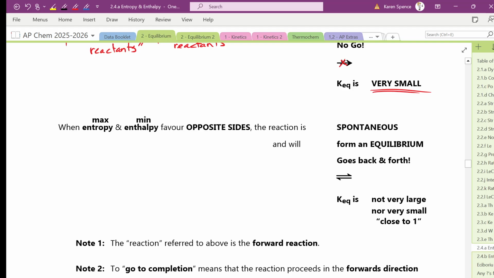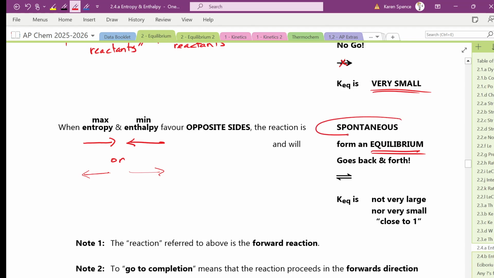When maximum entropy and minimum enthalpy favor opposite sides, so in other words, one is pushing forwards and the other is pushing backwards, or vice versa, guess what kind of situation we will end up with? We will end up with an equilibrium.